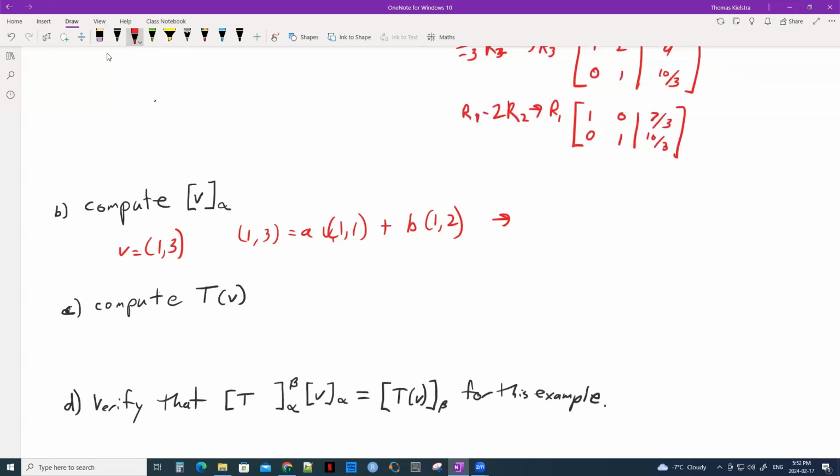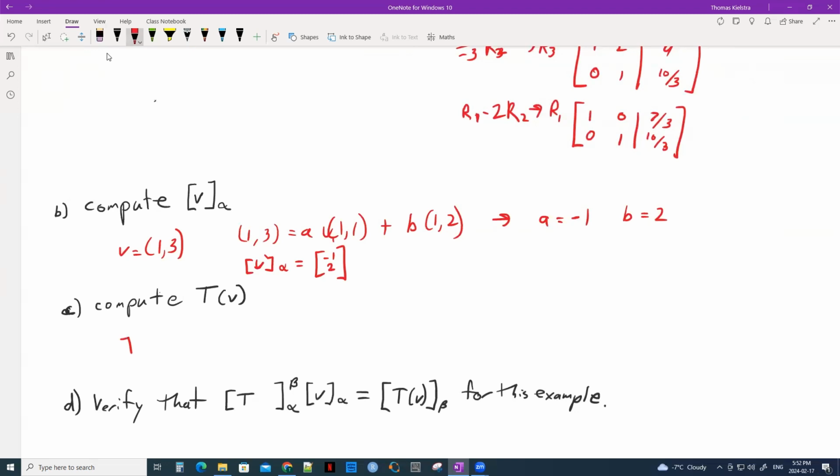We showed in a previous video that this implies that A equals minus 1 and B equals 2. So this means that V alpha is equal to (-1, 2).